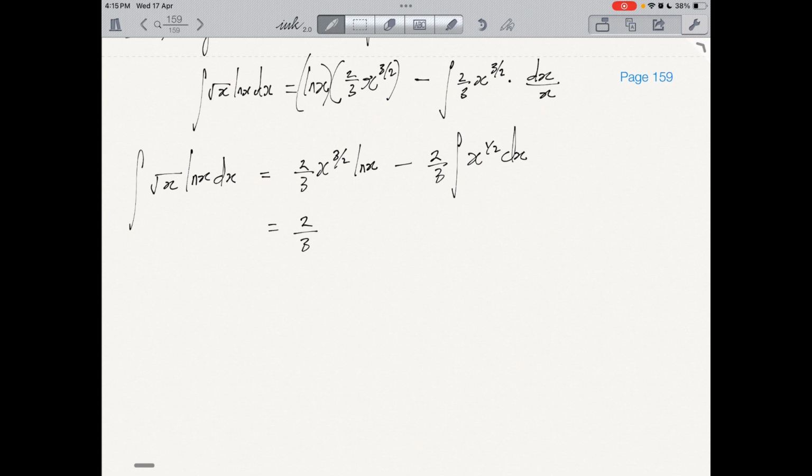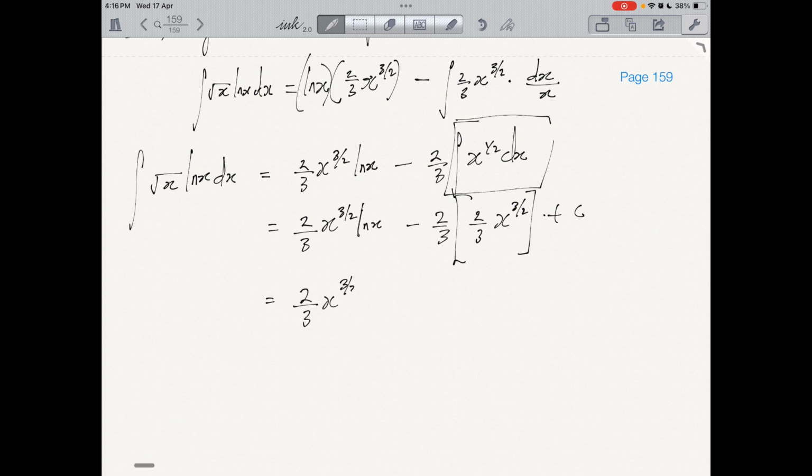So let's simplify. This will give us 2 over 3 x raised to power 3 over 2 multiplied by ln x minus 2 over 3, and integrating x raised to power half with respect to x, we will have 2 over 3 x raised to power 3 over 2 plus c. So we can factorize now, and this will give us 2 over 3 x raised to power 3 over 2 into (ln x minus 2 over 3).